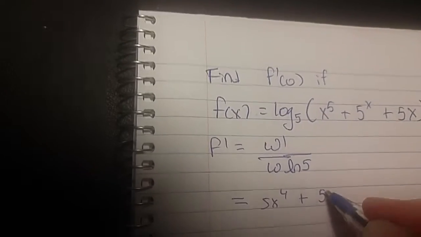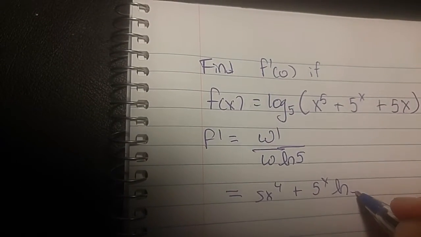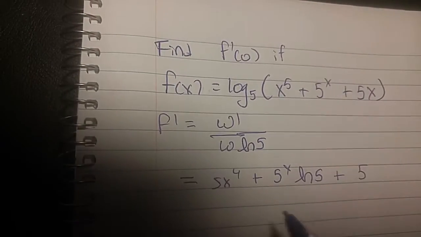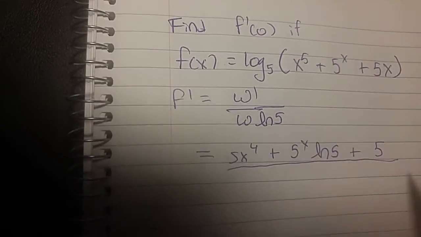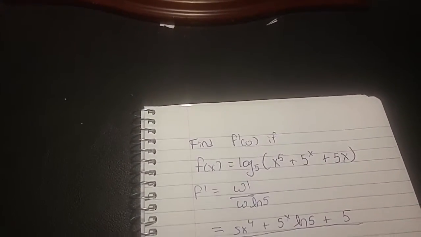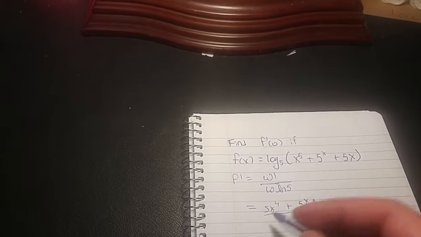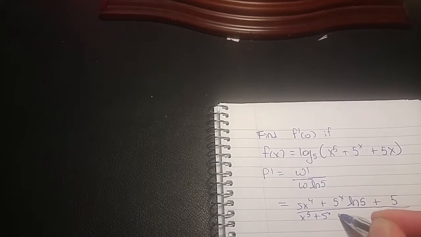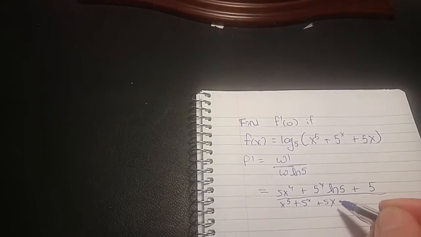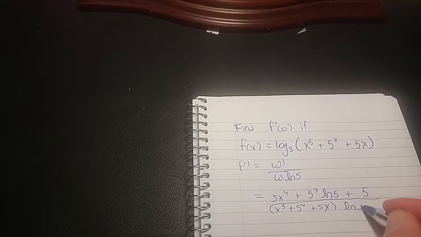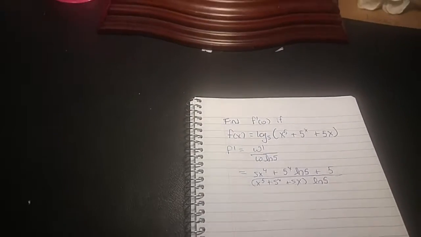Derivative of 5 to the x, it's an exponential function, we get 5 to the x ln 5. And then derivative of 5x is 5. Down below, we have original function, w. So, what was that? x to the 5 plus 5 to the x plus 5x. And then that is multiplied by the ln of the base of the log function, so multiplied by the ln of 5.